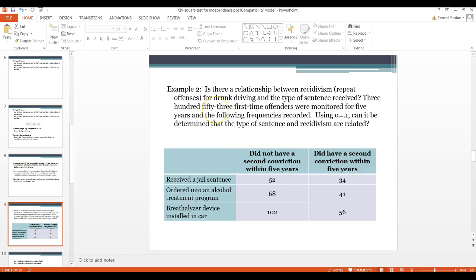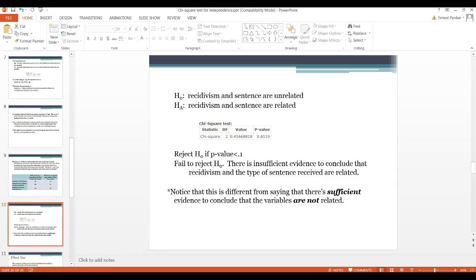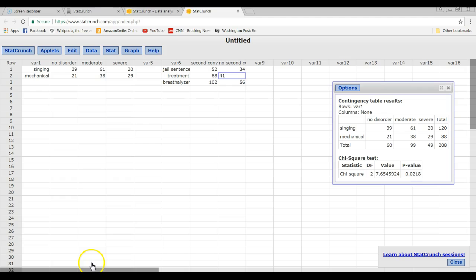Let's just do another example here. This one is whether there's a second conviction for drunk driving based on the treatment or the penalty that was given for the first conviction. So we've got this data here, and I've got it plugged into StatCrunch.